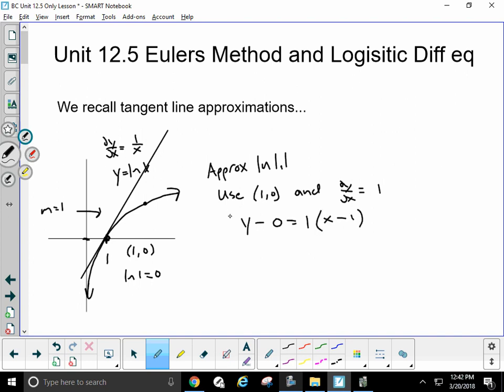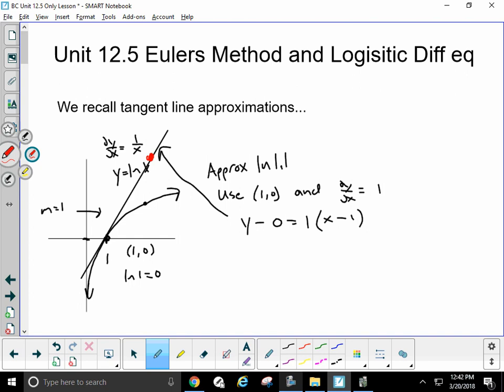And that's the equation of this line. Right, well, this is not something that's difficult to work with. This is easy to work with because I can just plug in x values and I would get y values on my line, which I can use to approximate function values on this curve.